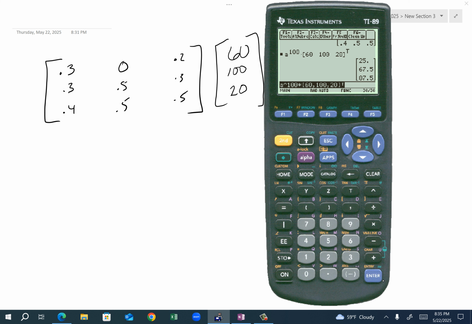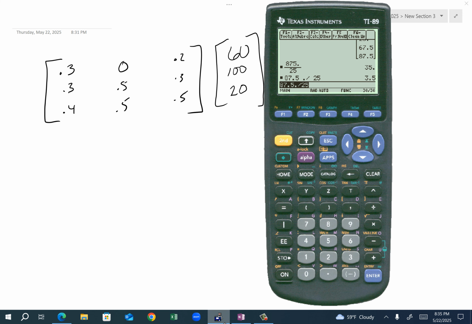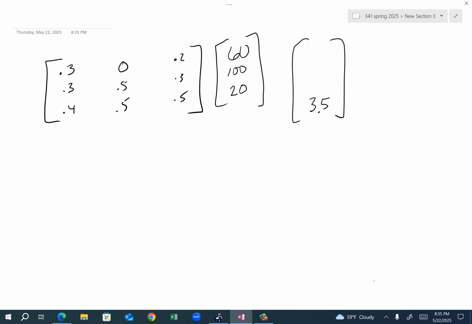Now, if you're playing along at home, I'm going to do it this way. 87.5 divided by 25 is 3.5. And 67.5 divided by 25 is 2.7, and 1.